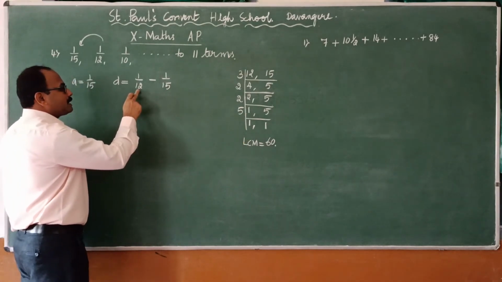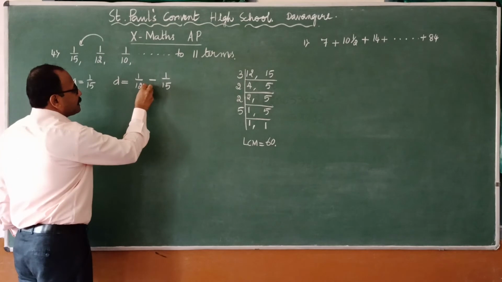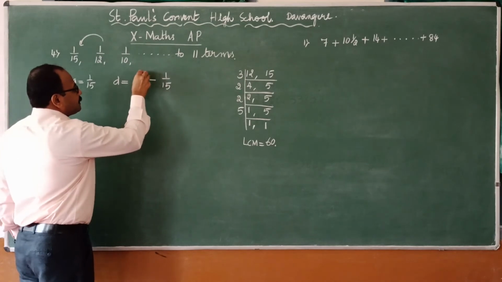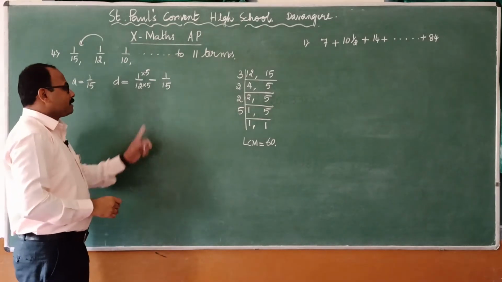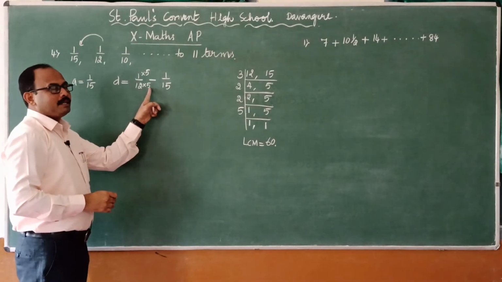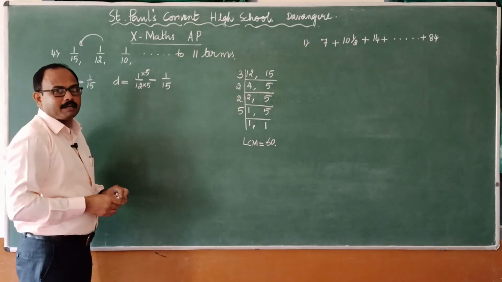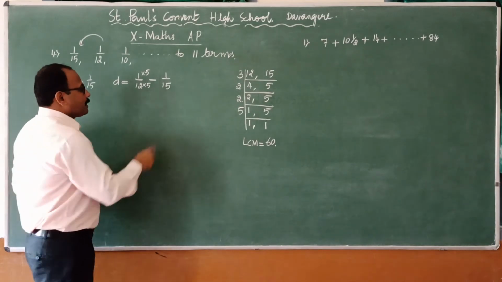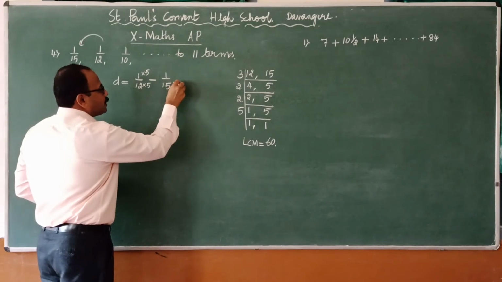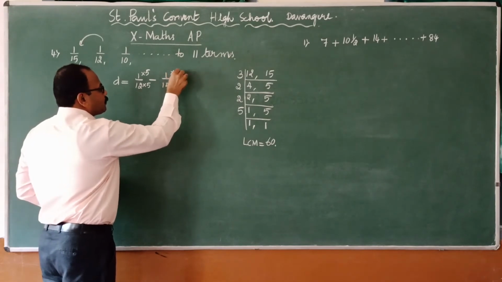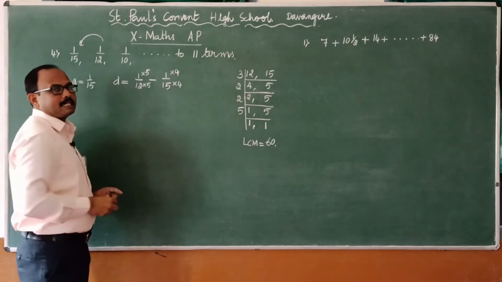How to make this 12 as 60? 60 into 5 into 5. 12 5s are 60. If the denominator is multiplied by 5, the numerator also must be multiplied by the same number 5. How to make this 15 as 60? 15 into 4 into 4. 15 4s are 60.